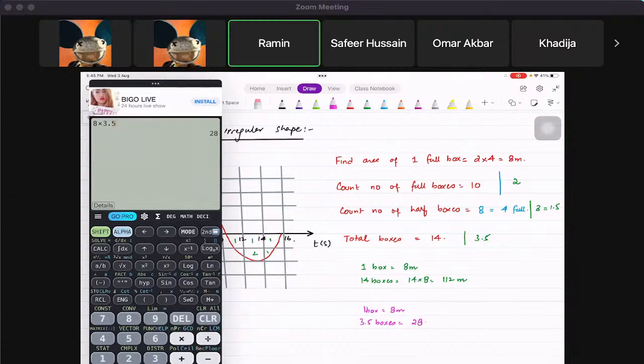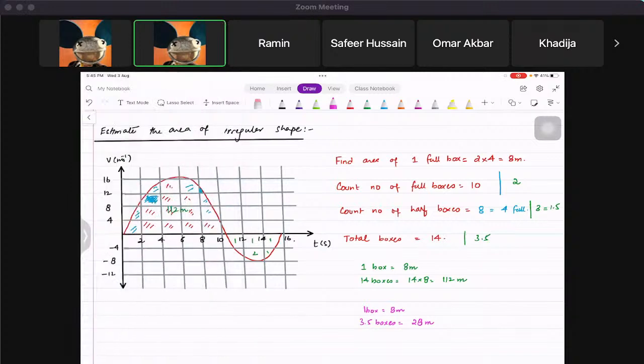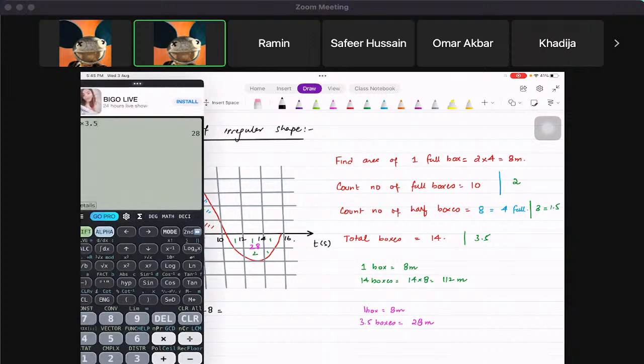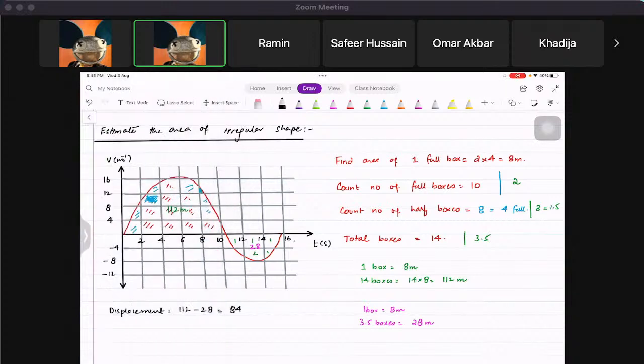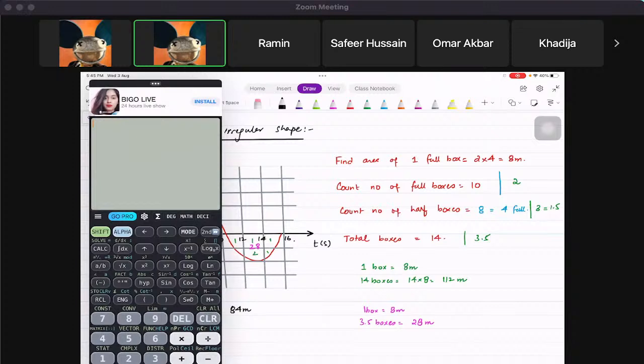Okay, now if they ask what is the displacement, you write displacement is 112 minus 28, and that's gonna be 84. And for distance, it is gonna be 112 plus 28, that's 140.